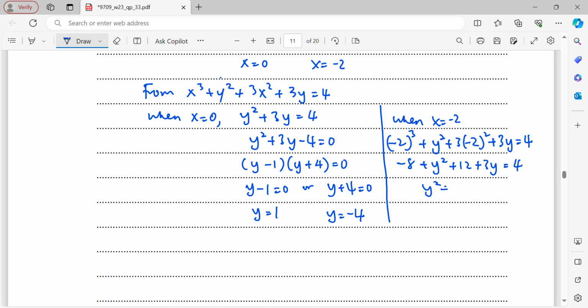Therefore, y squared plus 3y equals 0. Then y is in common, so factorize the y. Then either y equals 0 or y plus 3 equals 0, which means y equals minus 3. So remember, when x is 0, I get two y values, and when x is minus 2, I also get two y values. Therefore, all these will be my stationary points.